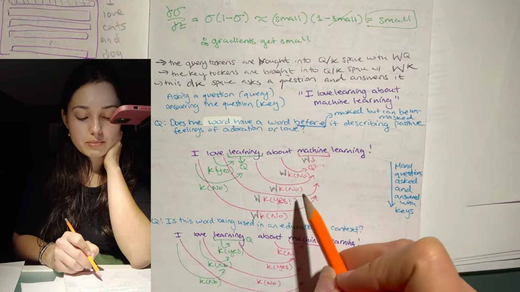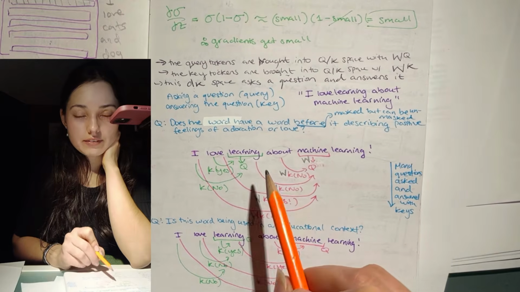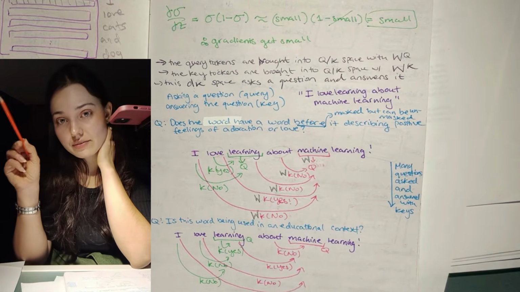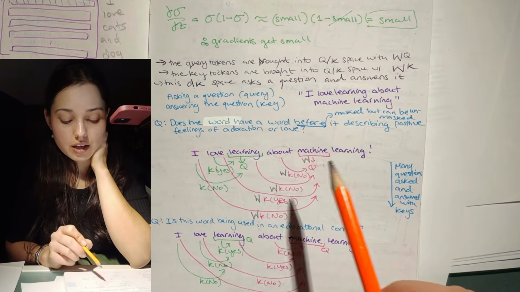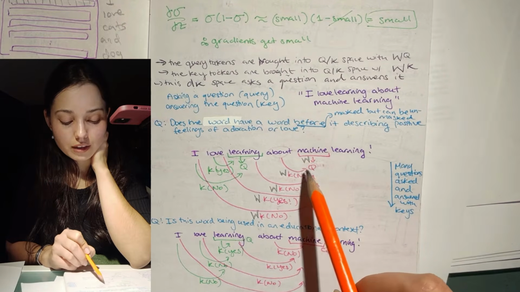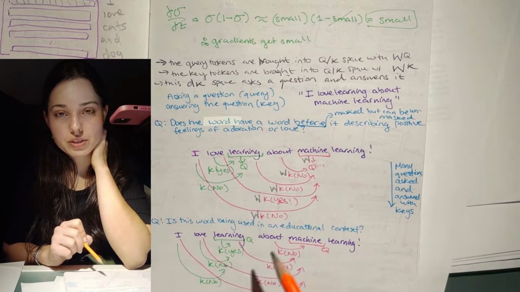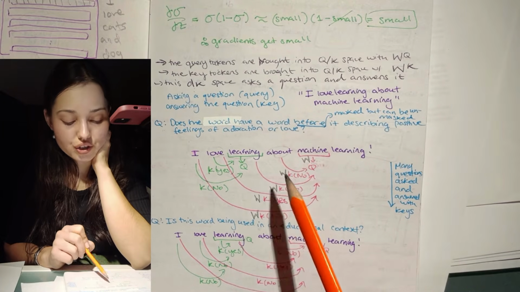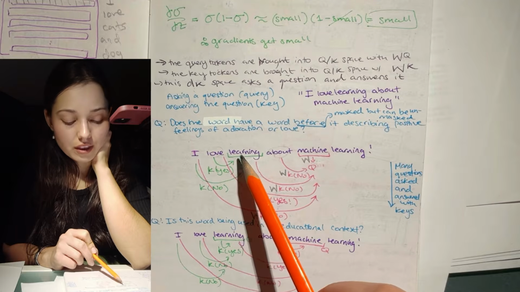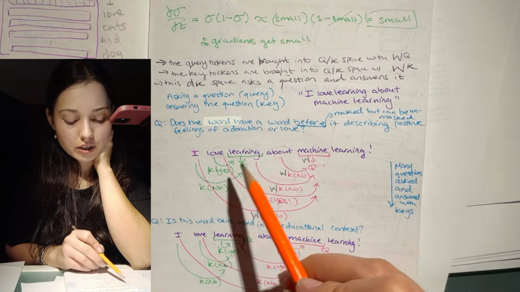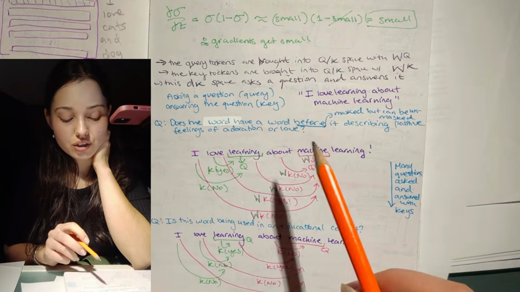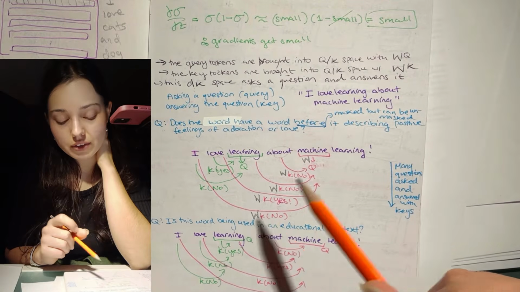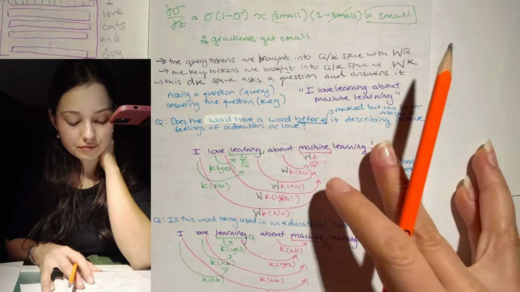Then we take the dot product, and depending on if it's a high value or 0, that will say either yes for a high value and no for 0. So for example, about, no, it did not answer yes to this question. Learning, no. Love, yeah, the word love is describing machine, so it is representing positive feelings of admiration, love. So this would answer yes to it.